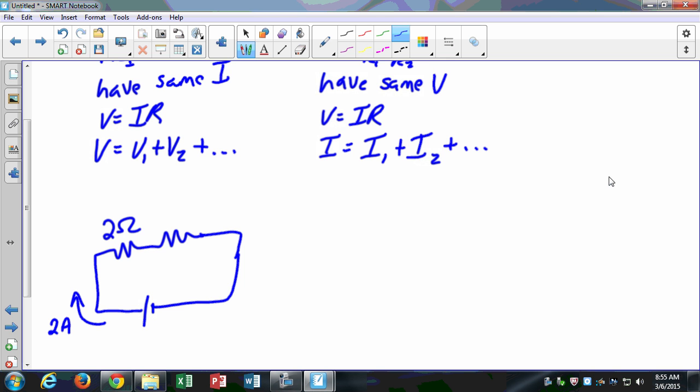I have 2 amps here. And 12 volts here. What is this resistance? Alright, well if I have 12 volts and 2 amps, that means that my equivalent resistance should be what? Because I'm getting 2 amps off a 12 volt battery, and it has to be 6 ohms. So if this is 2 ohms, then this has to be 4 ohms. Right. Simple series circuit like that, you'll have some that'll be similar to that.